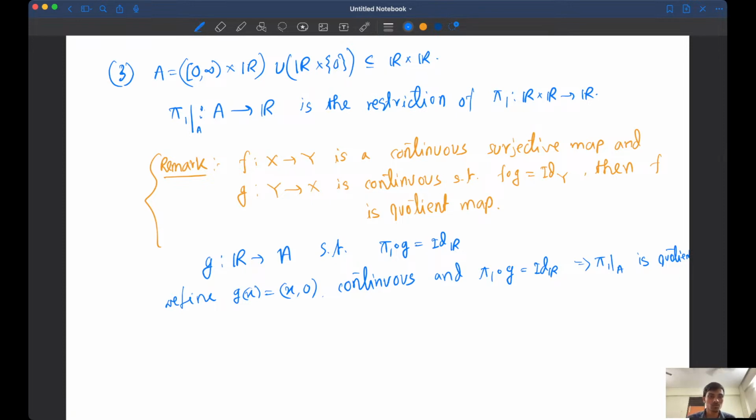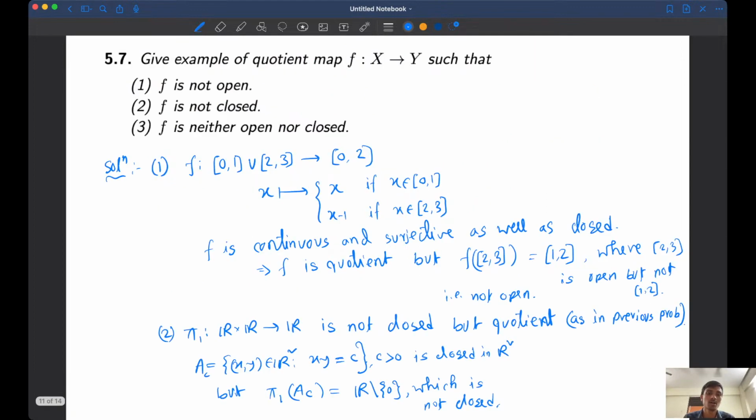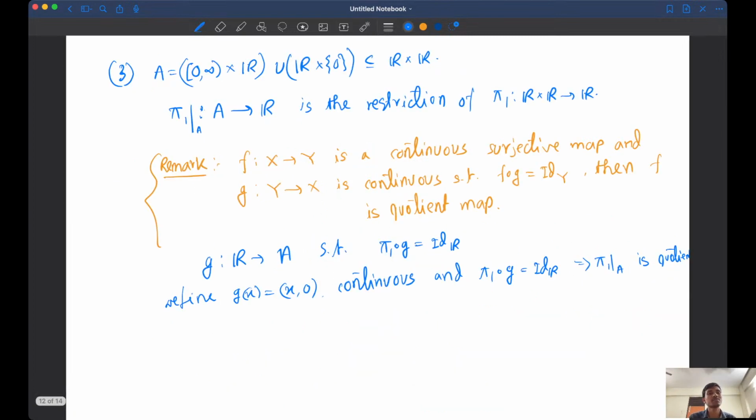First, it is not open. Can you see one open set which does not map to an open set? On this set it is R, right? Again similar subsets will work as in the previous case, because I restrict to 0 to infinity.